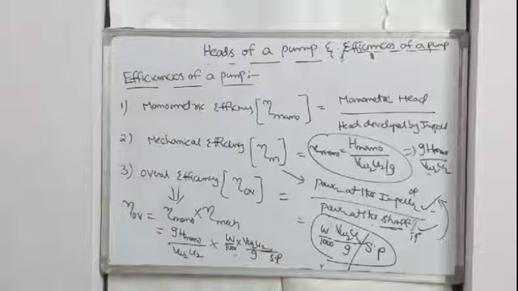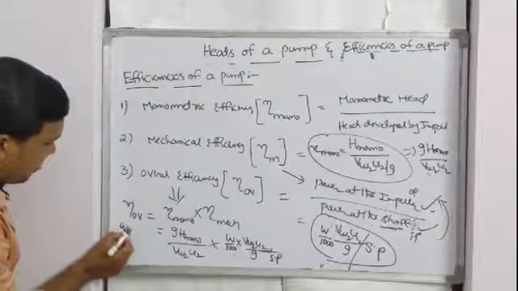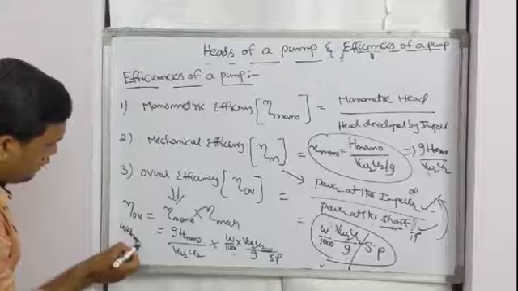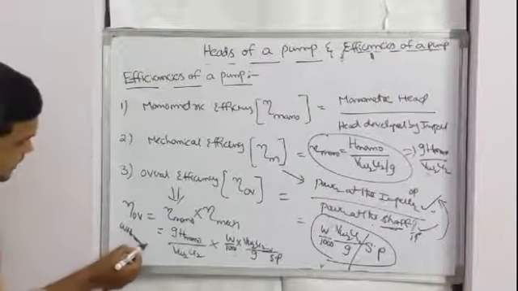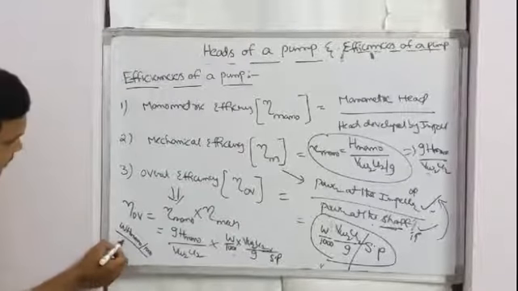So finally the overall efficiency can be written as W H mano divided by 1000, divided by the shaft power.